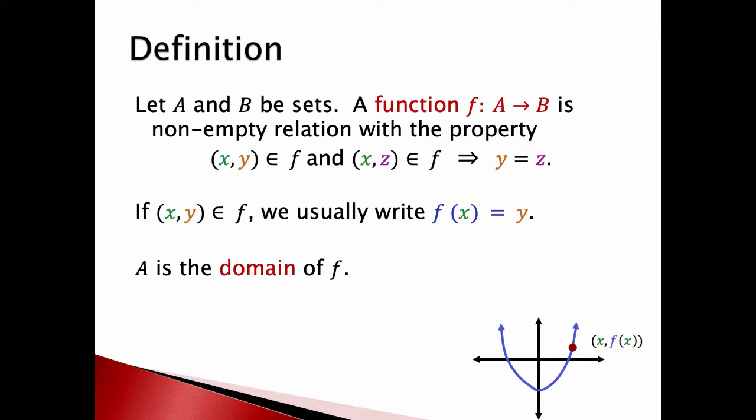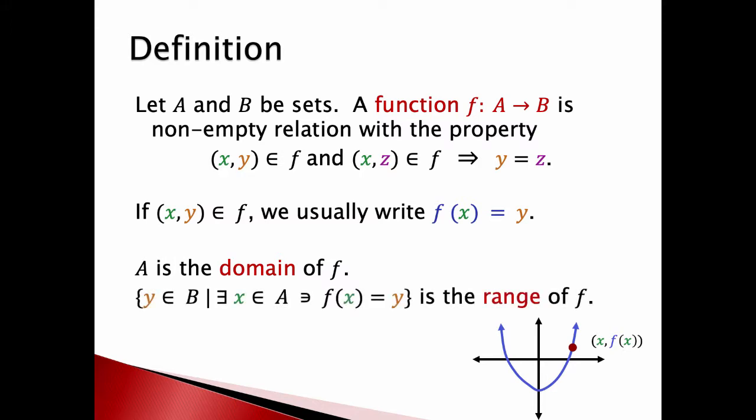Well, what other real numbers can I get? Well, that's of course the range. So we can write this now in our fancy set notation. The range of this function is the set of all y's, which would be contained in B, because f is a function from A to B. And so there are all the y's so that there exists an x back in A, so that f of x equals y.